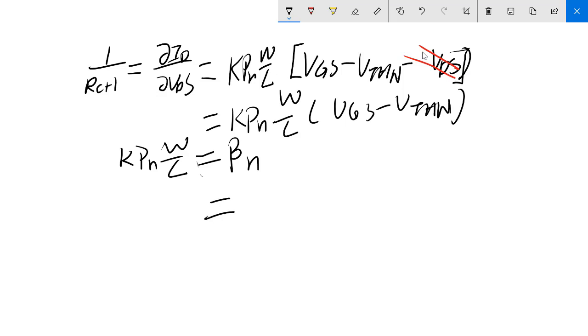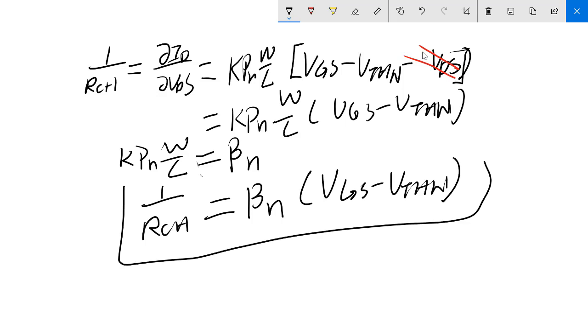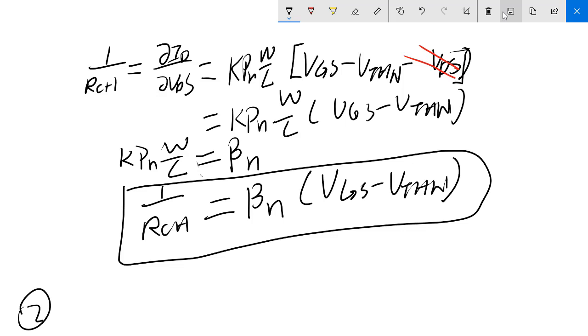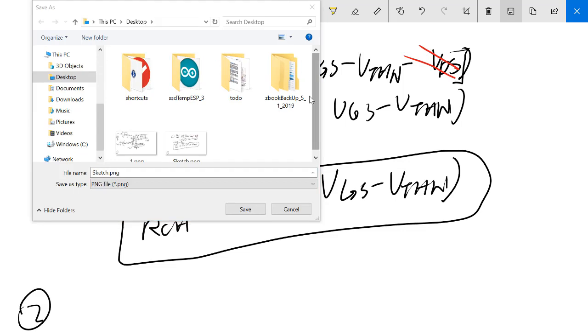So the entire thing equals beta n times VGS minus VTH. Okay, remember this for now. So that's when the transistor is being operated in the linear region.